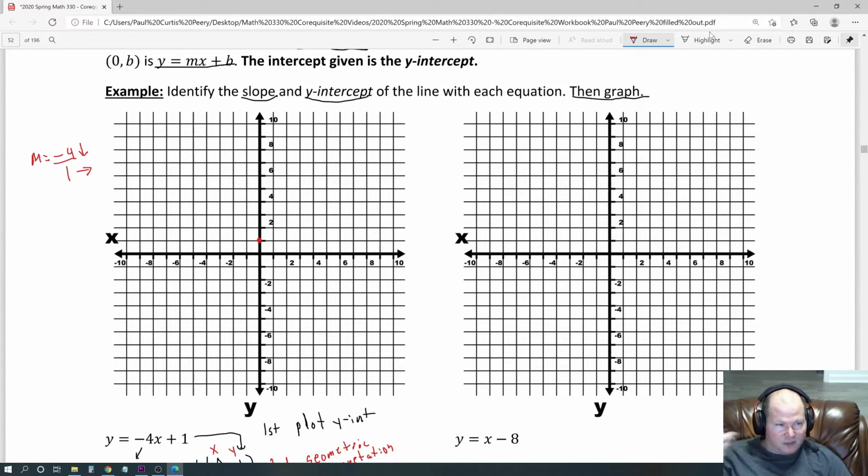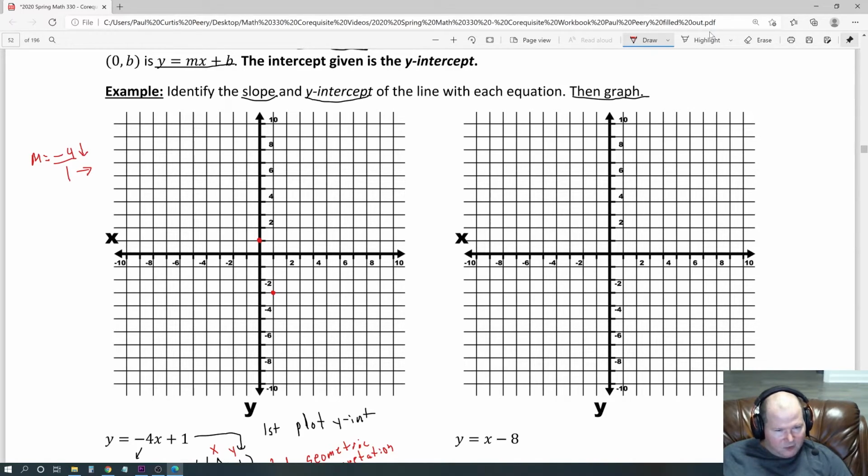We're doing the opposite of what we did previously, where previously we were given a graph and we would interpret the rise and then we would interpret the run. Now we're going from rise and run, and we're going to interpret that as where we're going to find the next point. So from here, we're going to go down 4. From the y-intercept, we go down 4: 1, 2, 3, 4. And then to the right 1. Bam. We plotted a point.